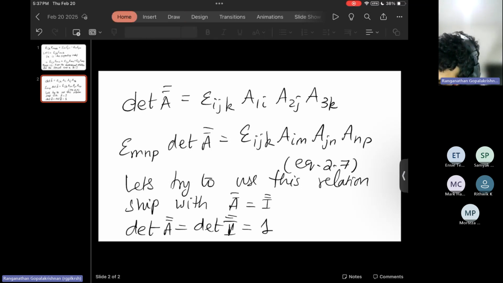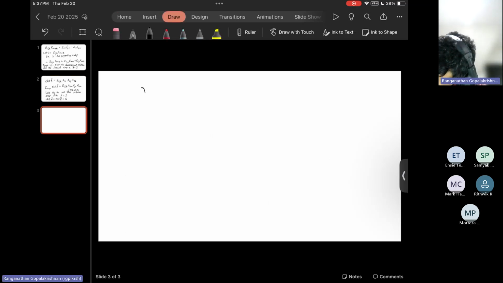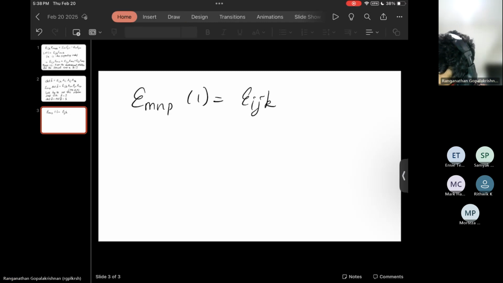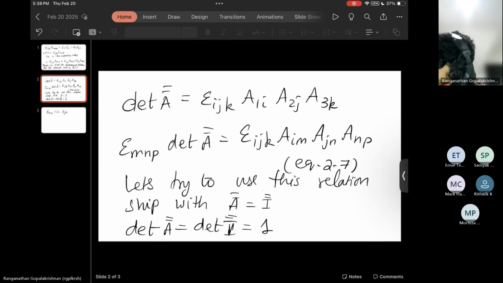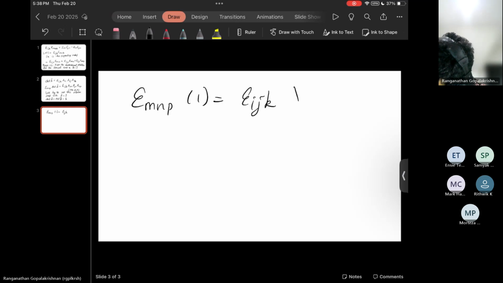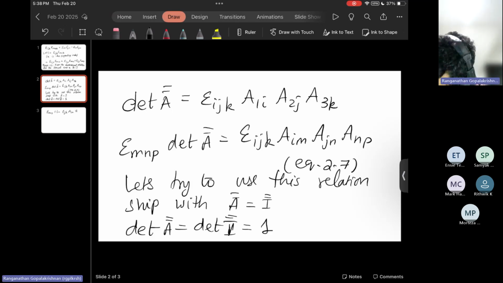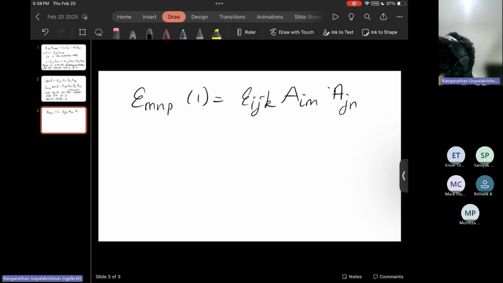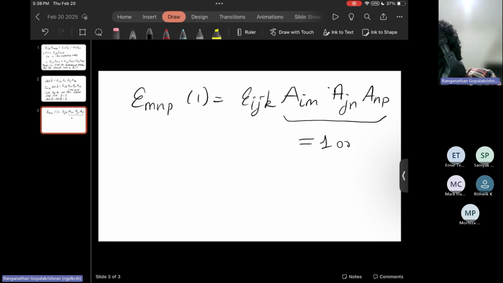So this relationship would be epsilon mnp times 1 equal to epsilon ijk times aim ajn anp. But these quantities are either 1 or 0, because we chose the tensor A to be the unit tensor.